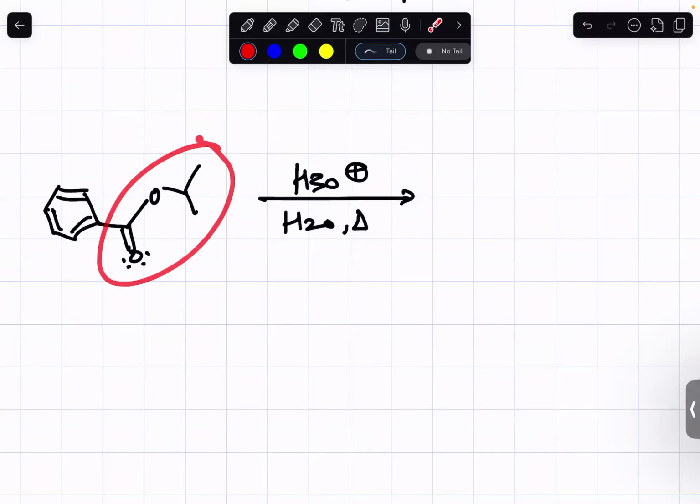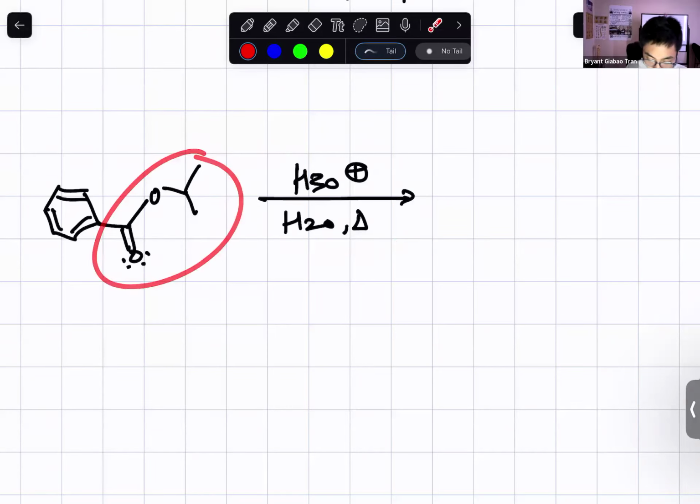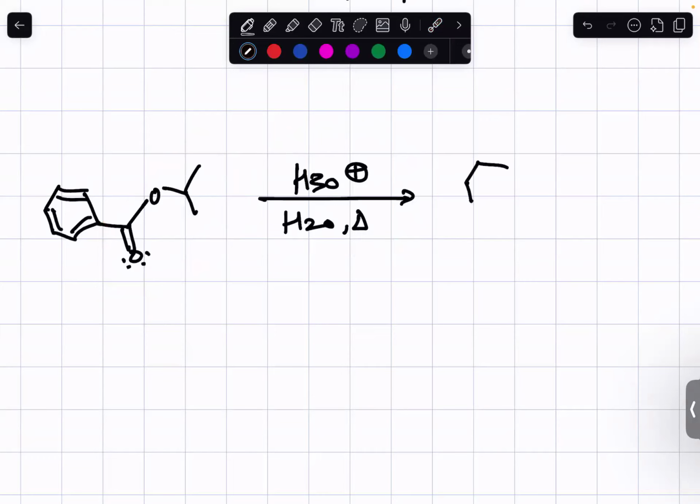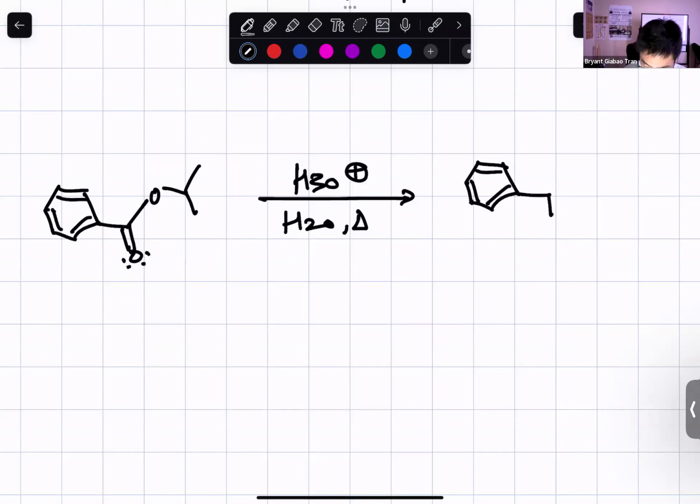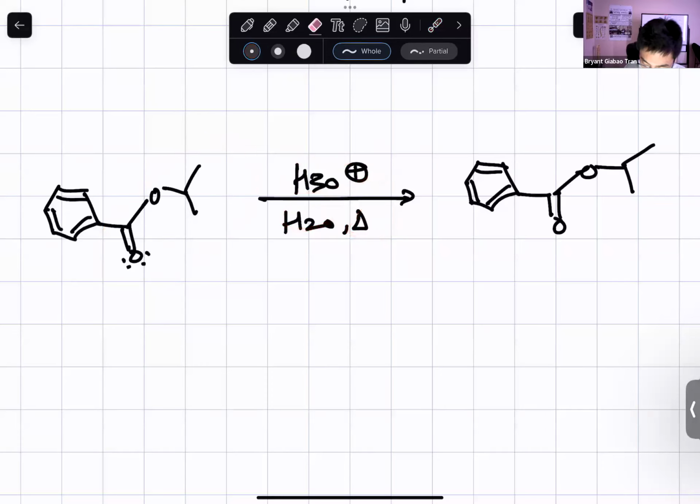Yes, it is. So when we put acid, water, and heat, what would that convert into? Carboxylic acid. Yes. So that is how you would predict the product, right? Recognize if it is one of the derivatives, and if it does hydrolysis, putting acid, water, and heat, convert that whole ester into the parent functional group, carboxylic acid, right here, like that.